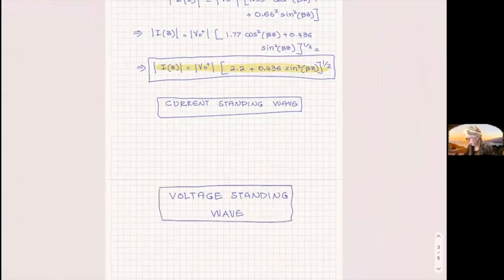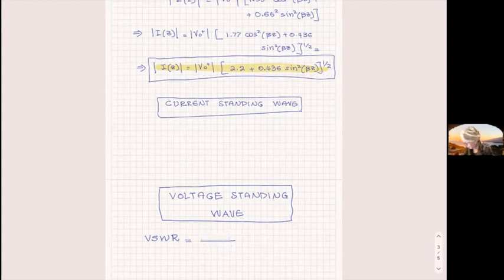All right. And the voltage standing wave ratio, we write it as VSWR. And VSWR is V max over V min. Or rather, I would say, it's not right to put it this way.